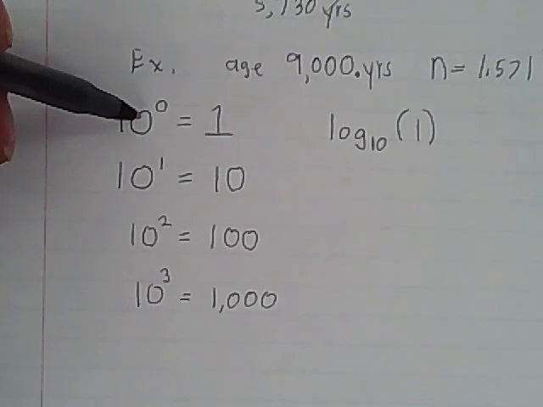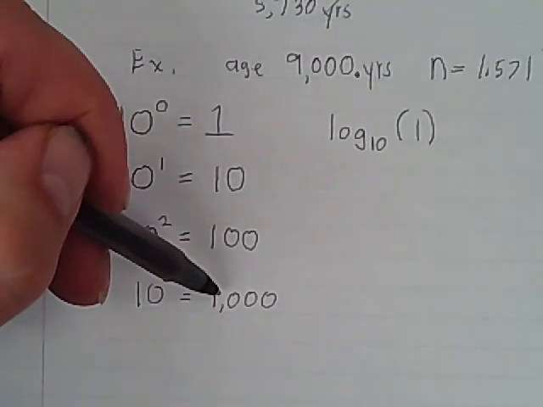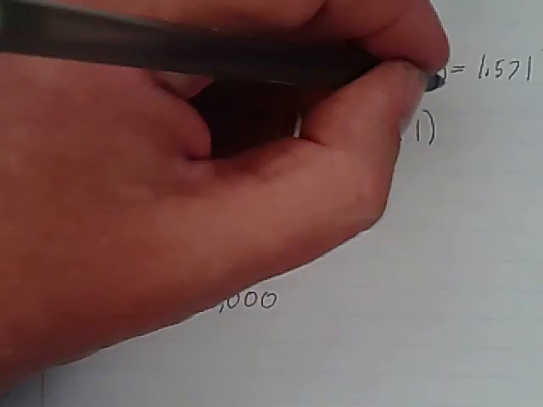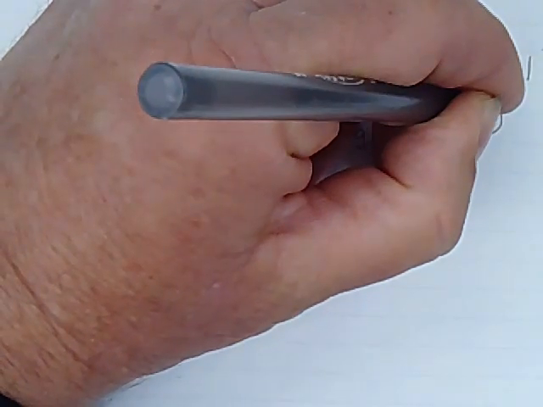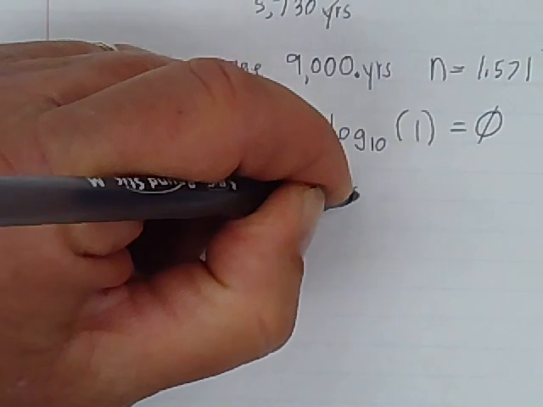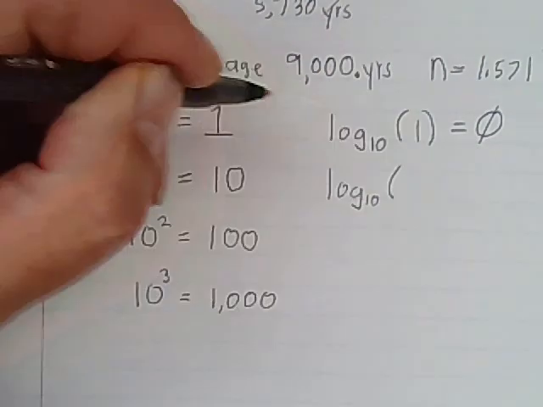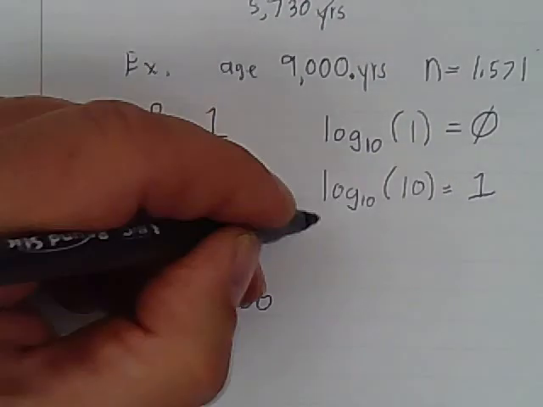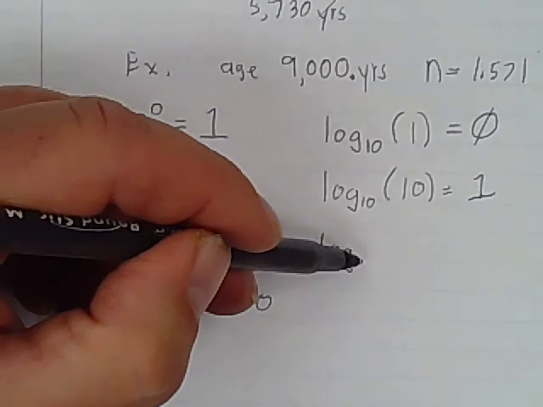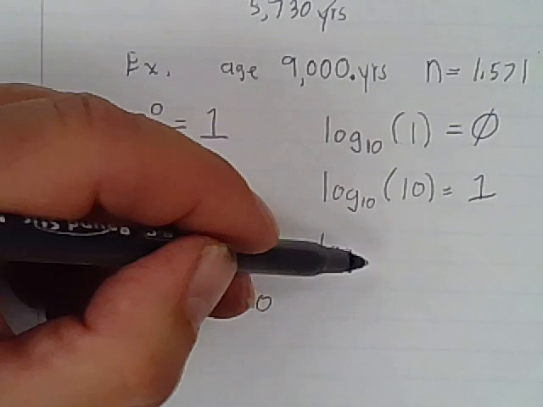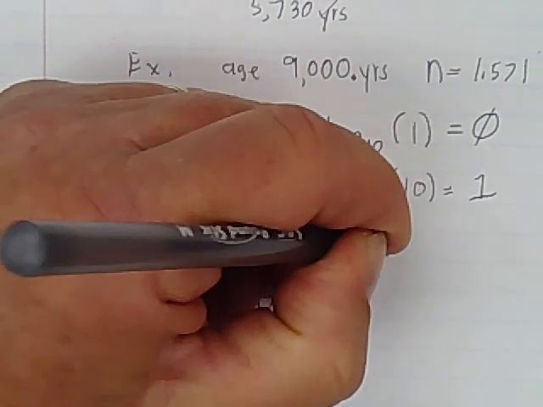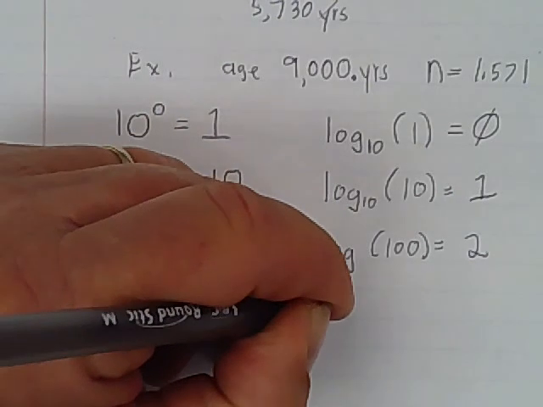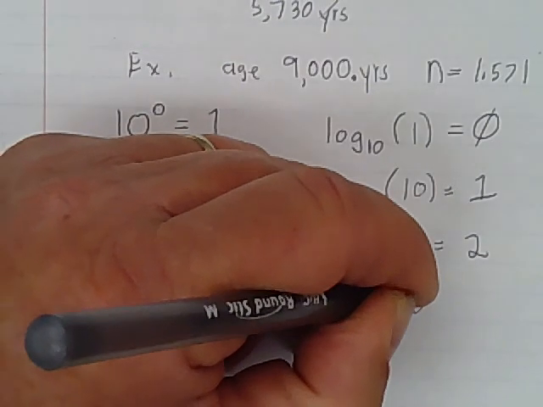So the log base 10 of 1 would be indeed 0. The log base 10 of the number 10 would be 1. Log base 10, I'm not going to bother writing the 10 because it's implied if we don't write it, of 100 would be 2. You can see the pattern? Woohoo! Log of 1,000 is indeed 3.